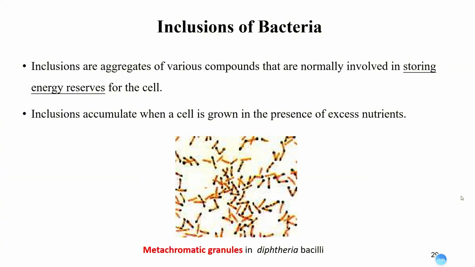So that is why inclusions accumulate when a cell is grown in the presence of excess nutrients. When the surrounding nutrients are very rich, the bacteria will make some inclusion bodies inside the cell. So when the condition becomes worse, like limited nutrients, they can use the storage for their survival.